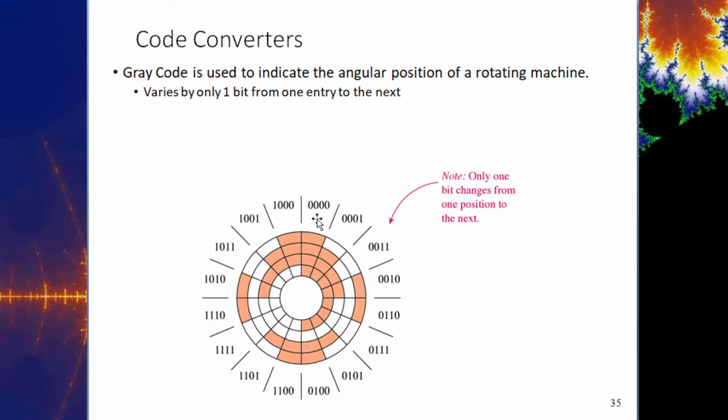Because only one bit changes from step to step, gray codes are great to use in motor encoders. Gray code is used to indicate the angular position of a rotating machine. It varies only one bit from one entry to the next. So I could put a mechanical sequencer on a spinning shaft of some kind of motor, and it will encode based on where we're at, walking through these different steps.